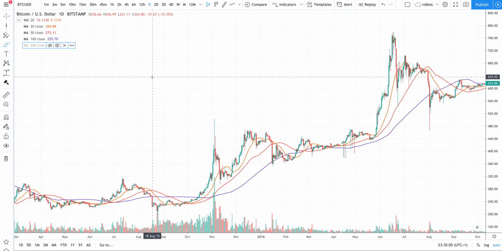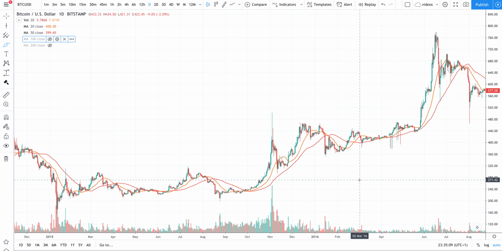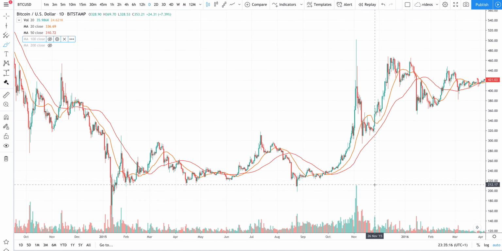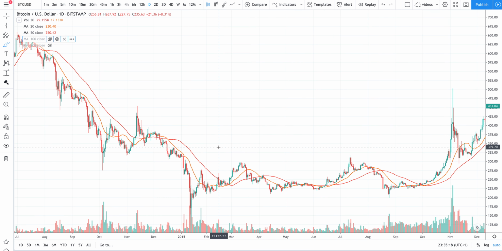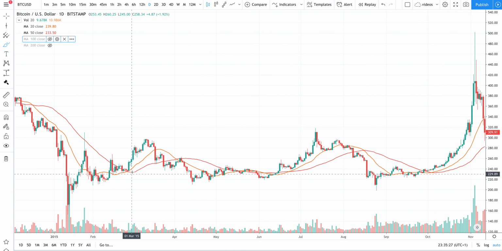Let's take only the 20 and the 50 moving averages as active. As you can see, these crosses are meaningful. When we have a bullish cross, price goes up, and it goes down after a bearish cross.